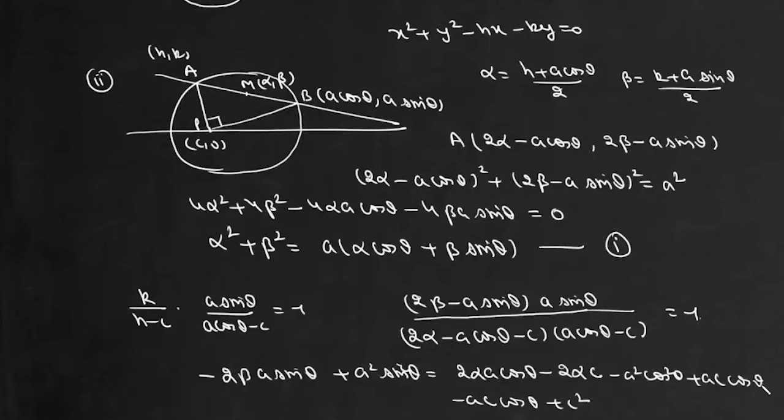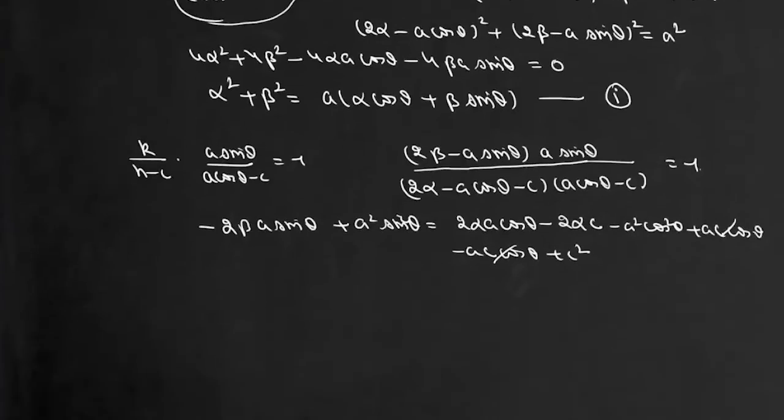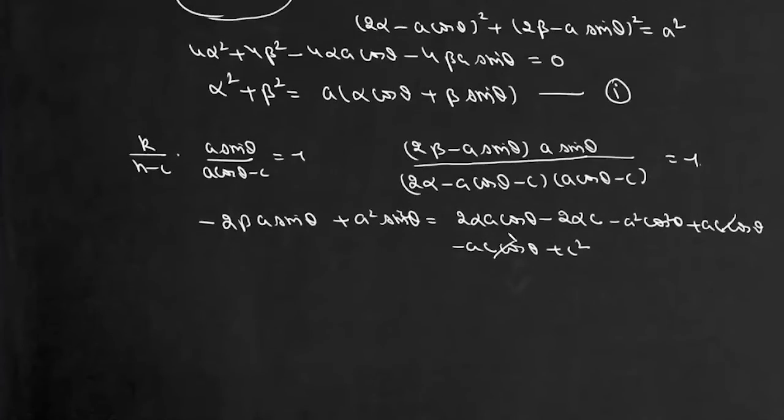plus C square. Now AC cos theta will cancel, and cos square theta plus sin square theta will be 1. So we can write 2 alpha A cos theta plus 2 beta A sin theta.